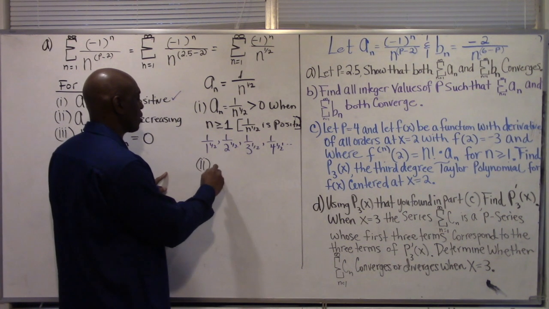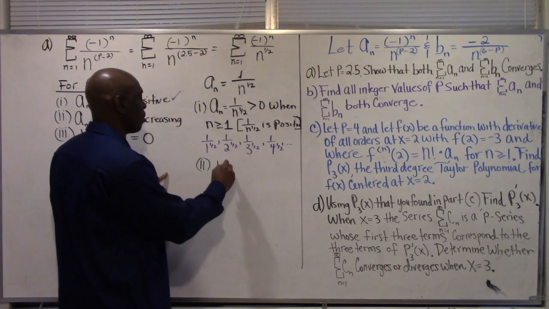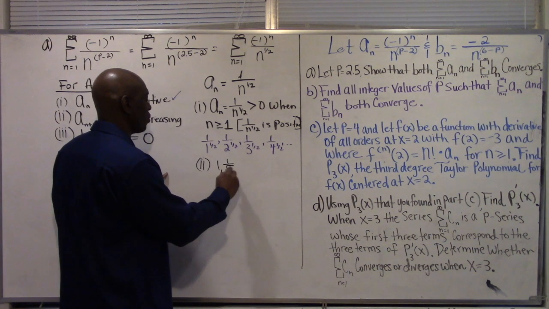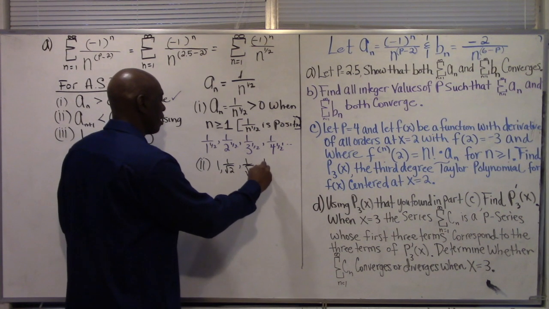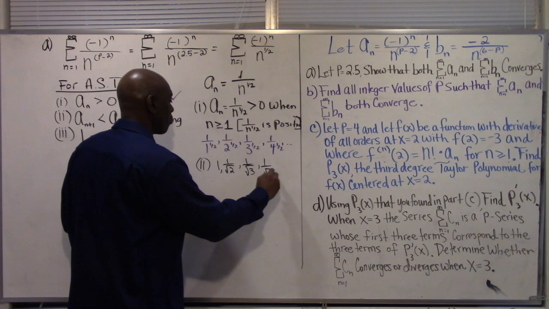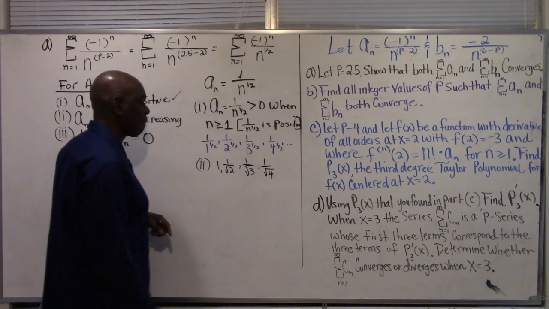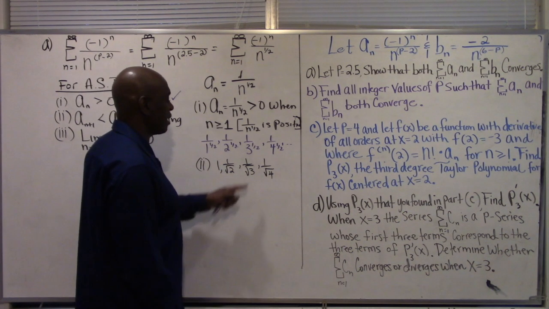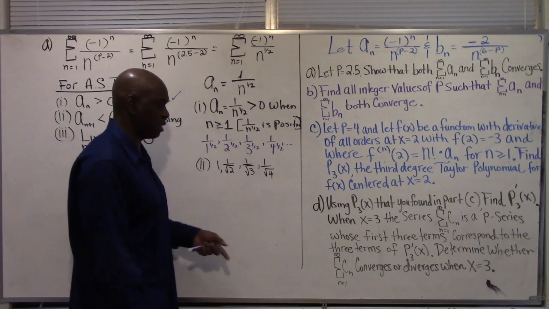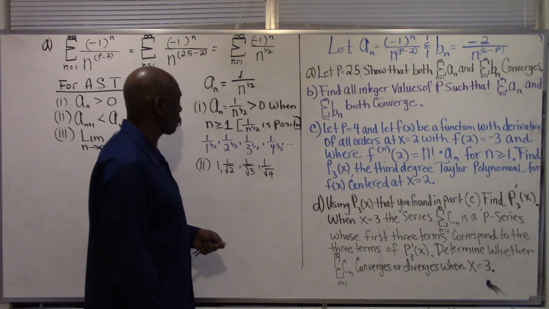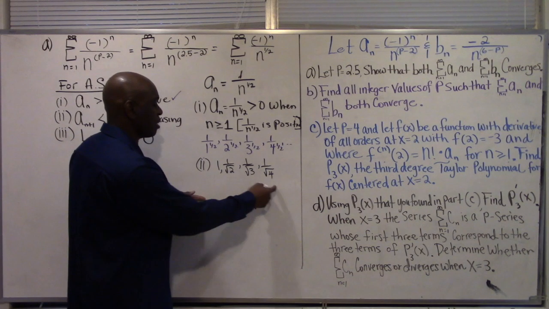Because look, we have 1, comma, 1 over the square root of 2, comma, 1 over the square root of 3, comma, 1 over the square root of 4. Okay? And there's no doubt in my mind that 1 over the square root of 4 is smaller than 1 over the square root of 3. So yes, it is decreasing.